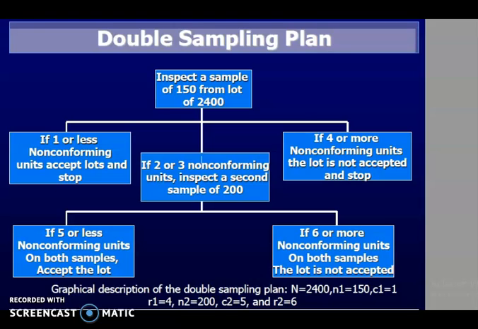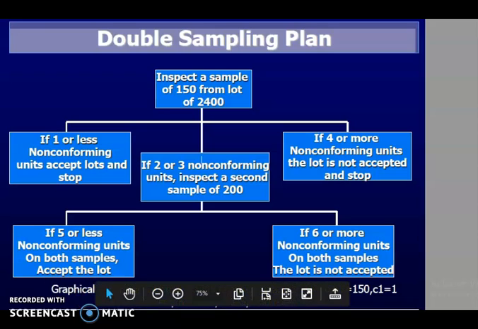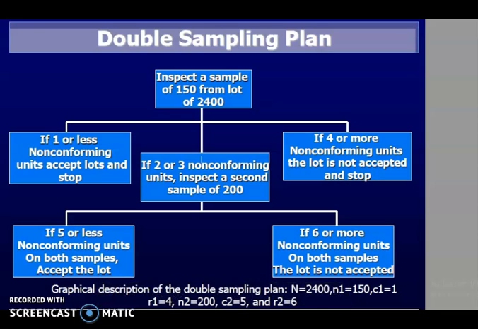In the second sampling, sample size n2 is 200, the value of C2 is 5, and the value of R2 is 6. So if you see this diagram, first we take a sample of 150 from the lot size of 2400.